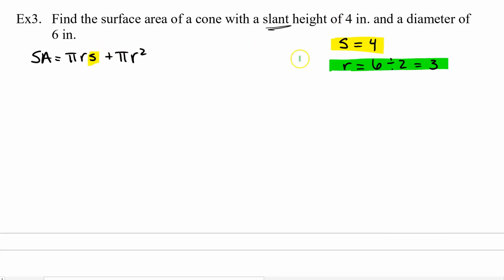I'm going to highlight my R in green. Whenever I see yellow, I'm going to put in a 4, and whenever I see green, I'm going to put in a 3. So pi times R, which is 3, times S, which is 4, plus pi times R, which is 3, squared.